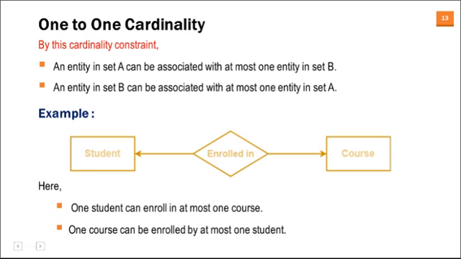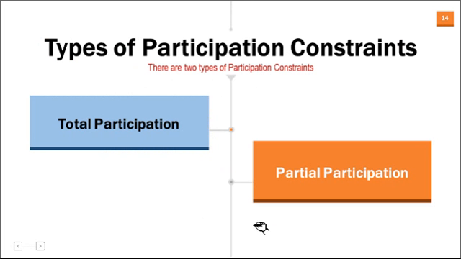Now we are discussing participation. Here I'm explaining two types of participation: total participation and partial participation.